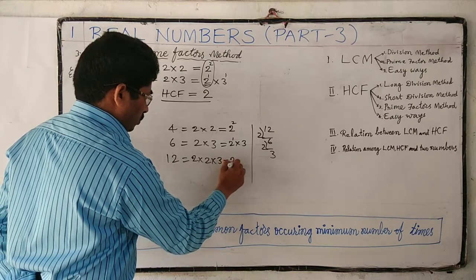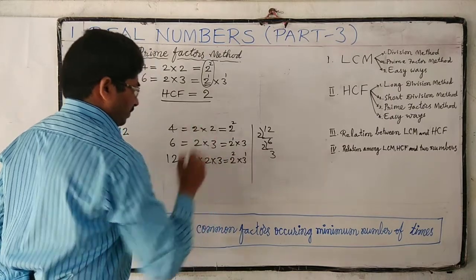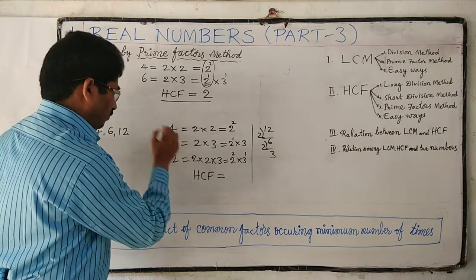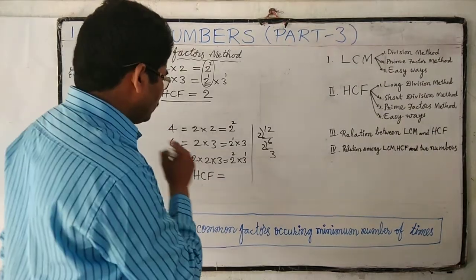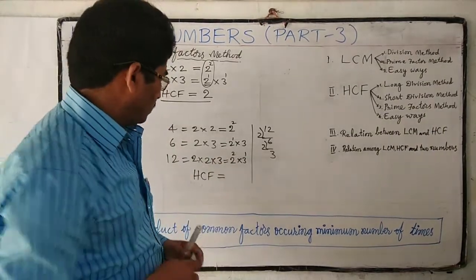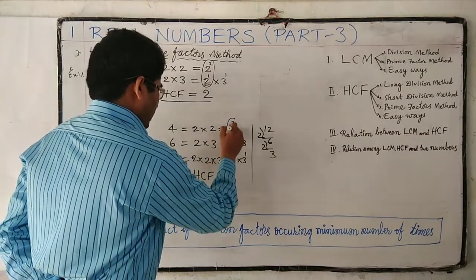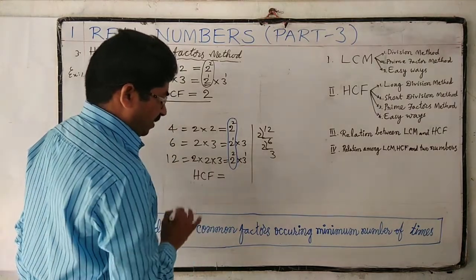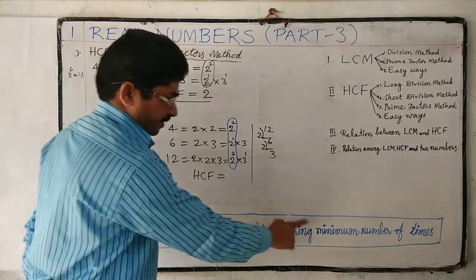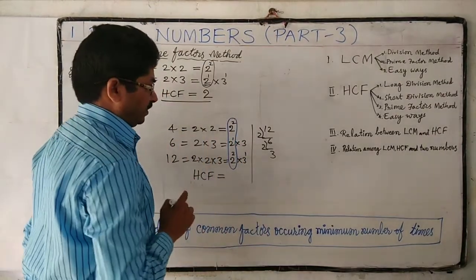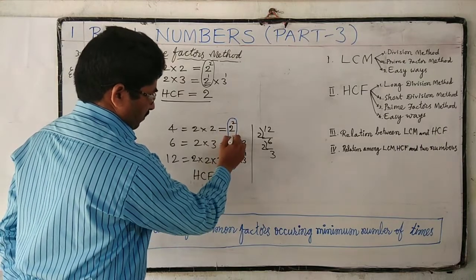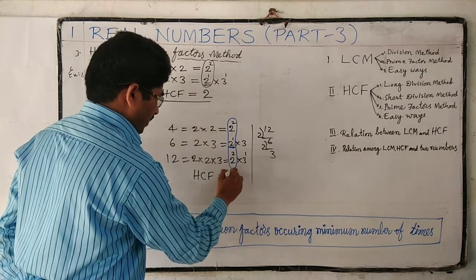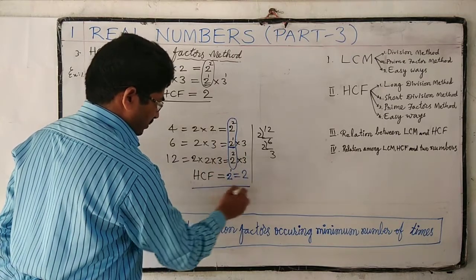Exponential form 2 square into 3 to the power 1. So the HCF of 4, 6, 12: these are the only common factors. The product of common factors occurring the minimum number of times, that we must take. Here 2 square, 2 to the power of 1, 2 square. So the minimum is 2 to the power of 1, which is equal to 2. 2 is the HCF of these numbers.